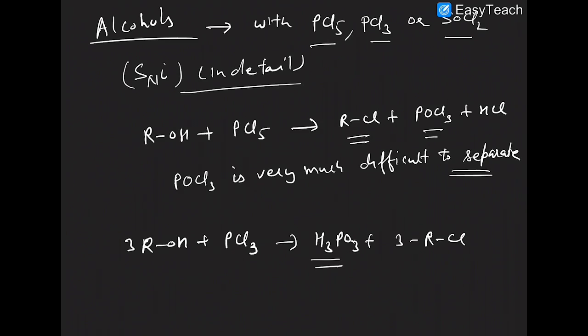This phosphorus acid is also very difficult to separate. So both PCl5 and PCl3 will give you certain side products which are very difficult to separate out.